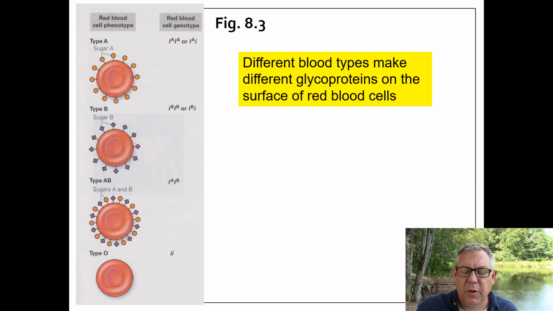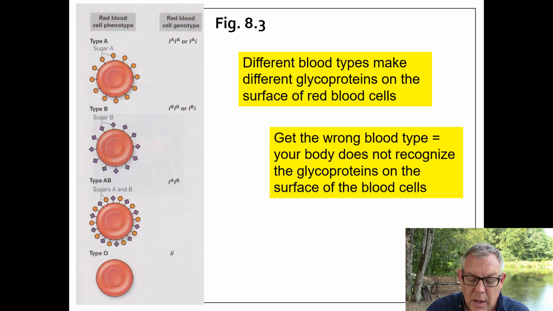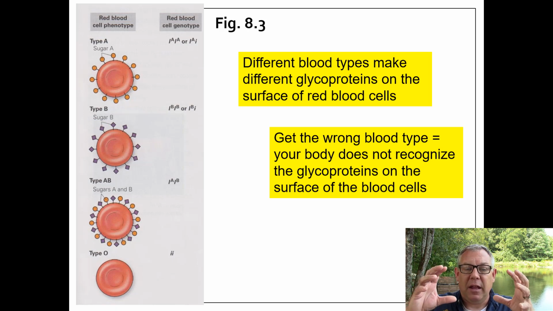And so again, the different blood types make different glycoproteins on the surface of the red blood cells. That's what they're showing you in this figure from your book. But remember what happens if you have cells in your body that have proteins on them that your body doesn't recognize. Remember when we talked about the immune system? Your body is always looking at other cells to see if it recognizes those cells as self versus non-self.